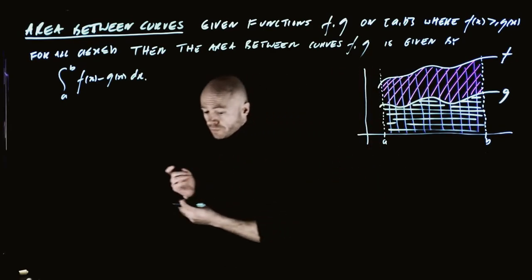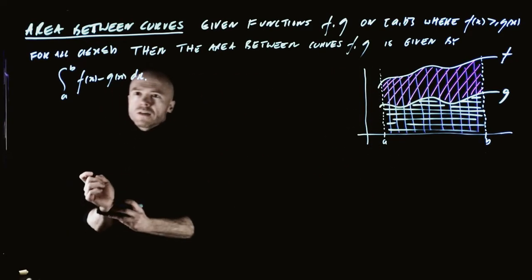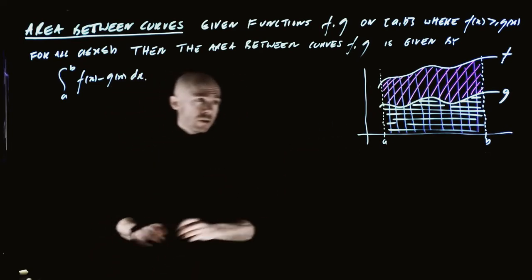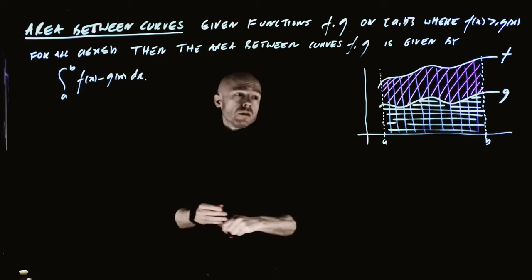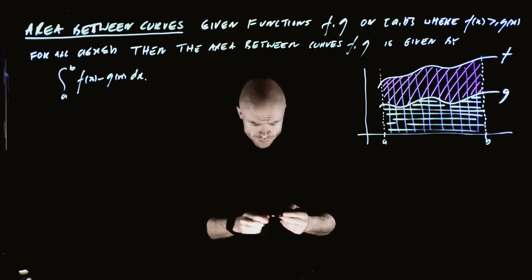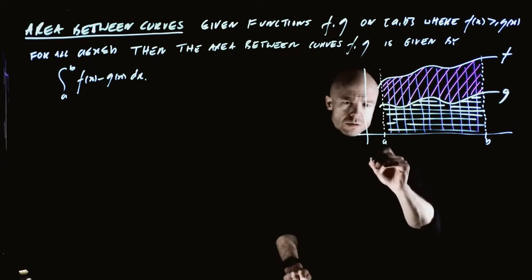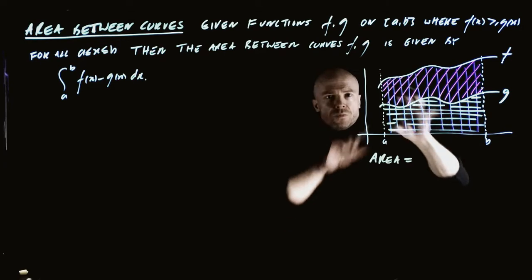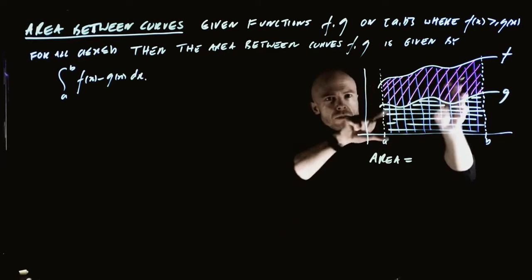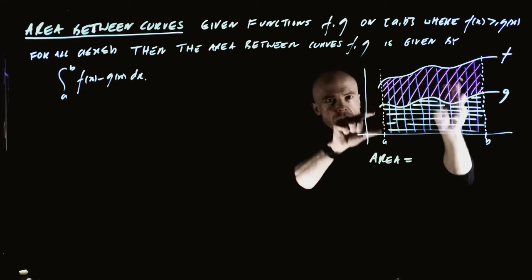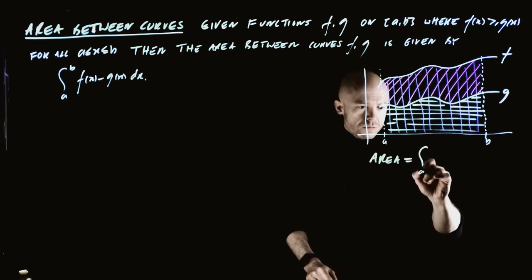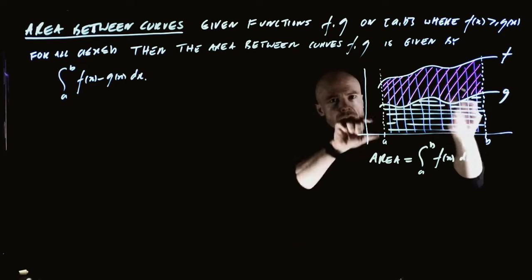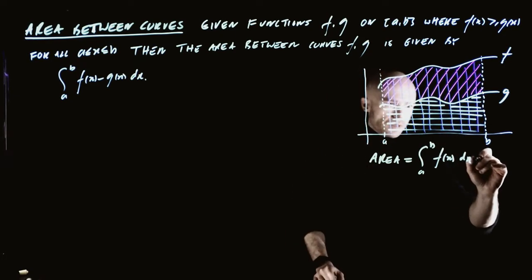So if we express exactly what we see from the picture in the language of maths, the area we're looking for is equal to the area of all the stuff underneath the graph of f, which we know is represented by this definite integral, minus the area underneath the graph of g, which is represented by this integral.